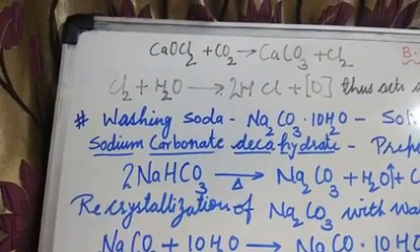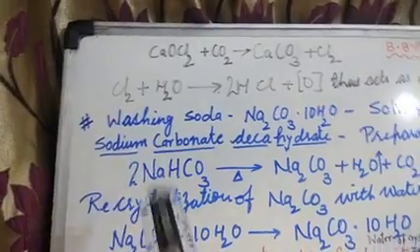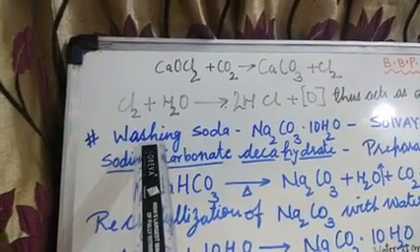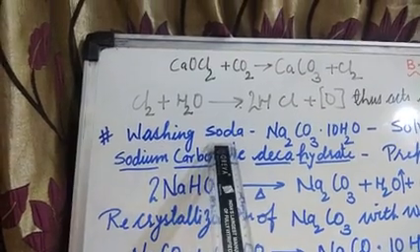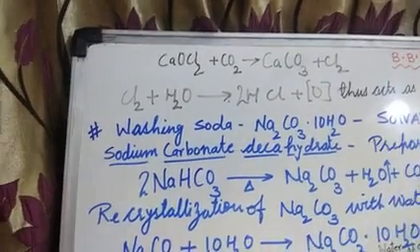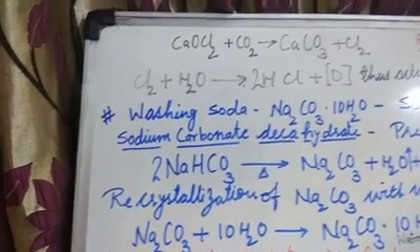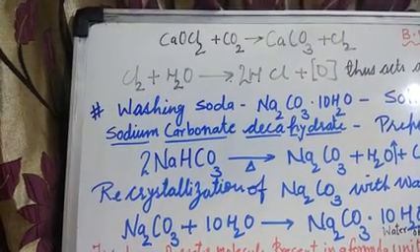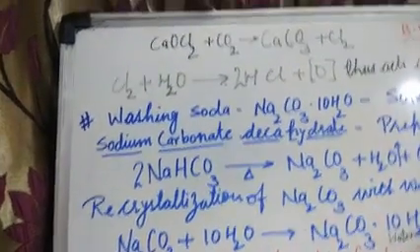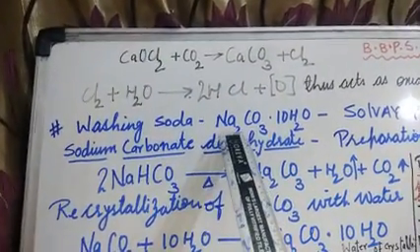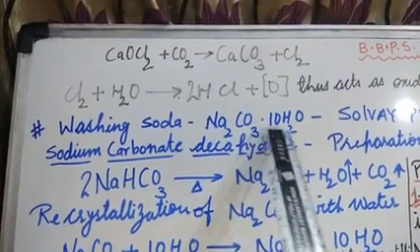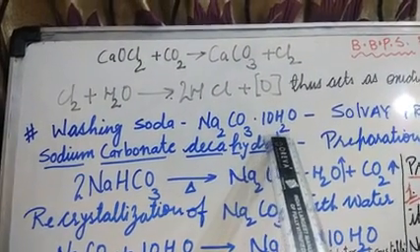Is it clear now? Now we are proceeding to the next important chemical compound, and that is washing soda. We have done different important compounds, students, and now we are proceeding towards another one, and that is washing soda, and the formula of it is Na2CO3.10H2O. What is this 10H2O?